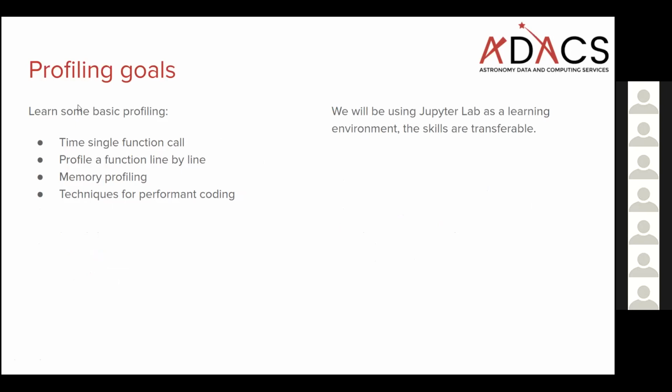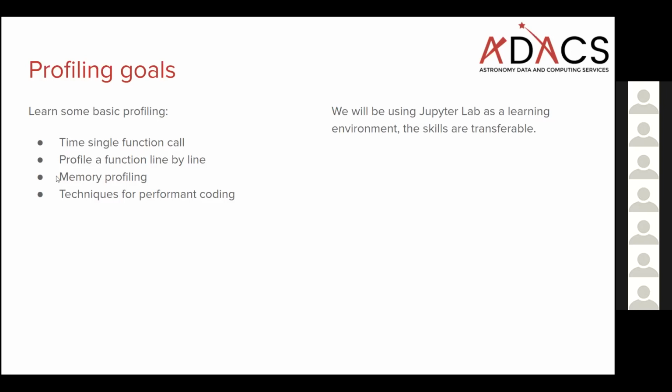Our goals for profiling are going to be to learn some basic profiling, and we're going to be using Python as our training language for this. So the things that we're going to be learning is how to time a single function call, how to profile a function line by line so that you're essentially timing not just the total execution, but timing how each individual action within that function is behaving.